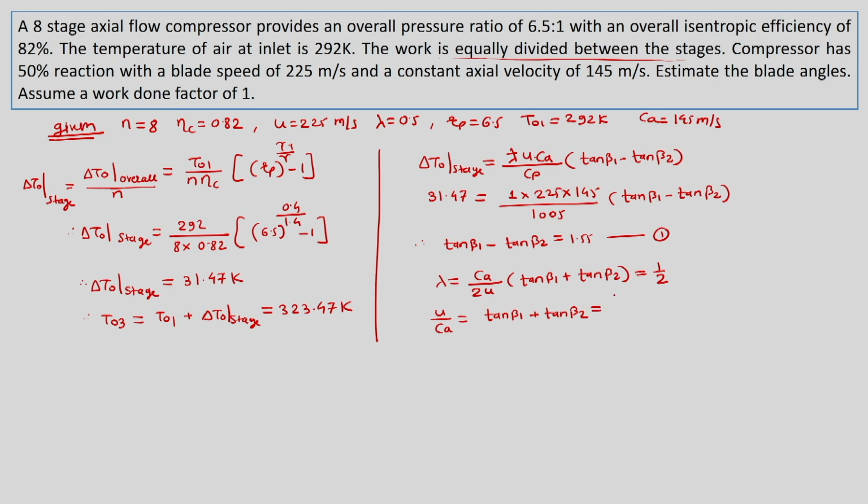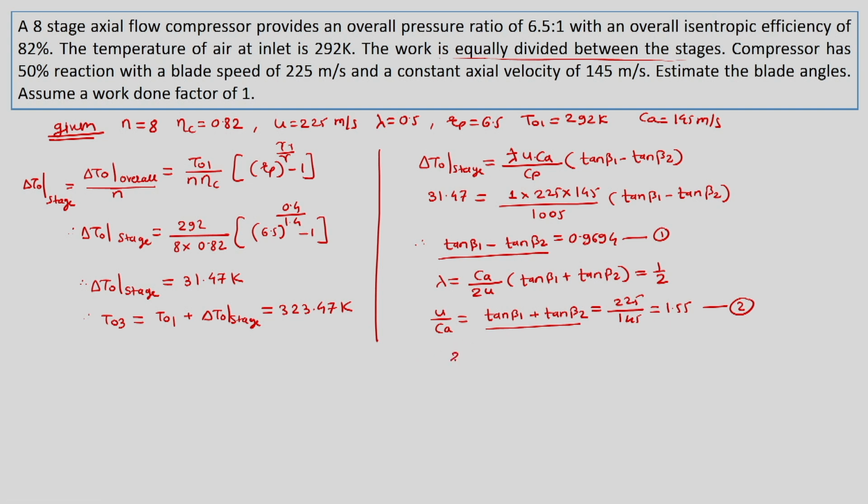We know U is 225, Ca is 145, so U upon Ca is 1.55. We will name it as equation number 2. So we have tan beta 1 minus tan beta 2, we have tan beta 1 plus tan beta 2.